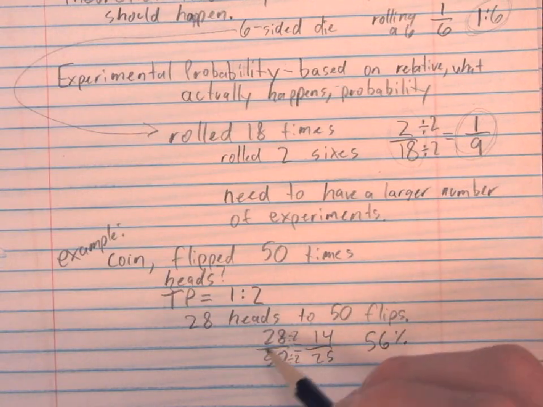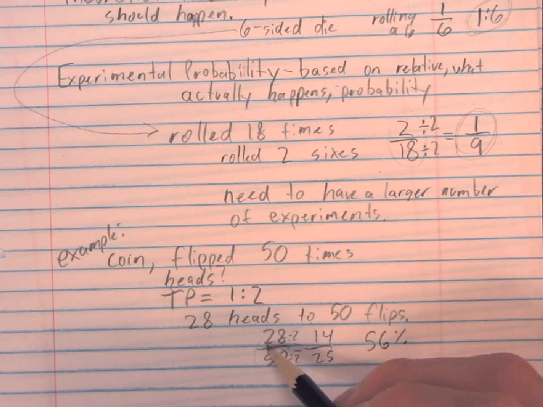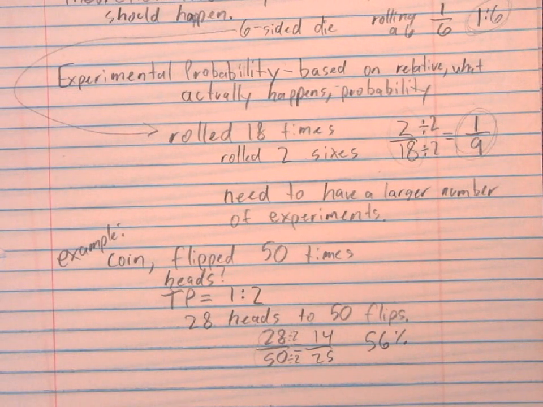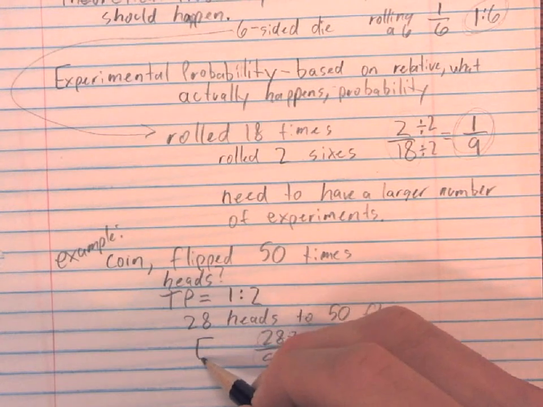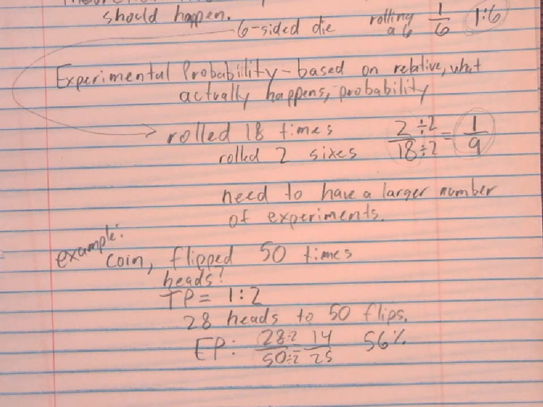I can figure that out by multiplying these by 2, because percentage is just out of 100. So 28 times 2 gives me 56, and that's how I got 56% so quickly. This is my experimental probability. After I experimented, that's what I ended up getting.